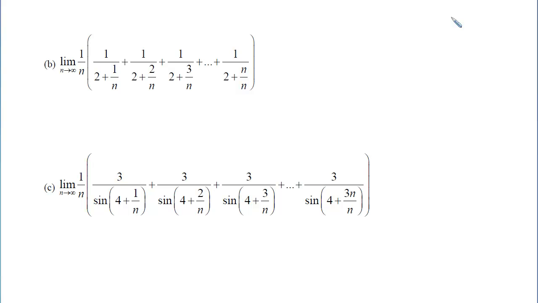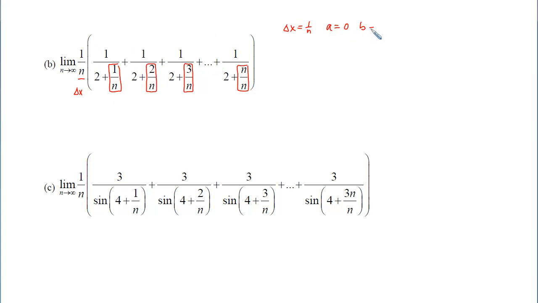With our final 2 examples, I'm hoping you're starting to get the hang of it. You can see that this 1/n is our delta x. We have a choice on our inputs, but for this piece, let's try the 1/n, the 2/n, the 3/n. Notice they differ from each other by 1 delta x. My a will be 1/n minus 1/n, which is 0.